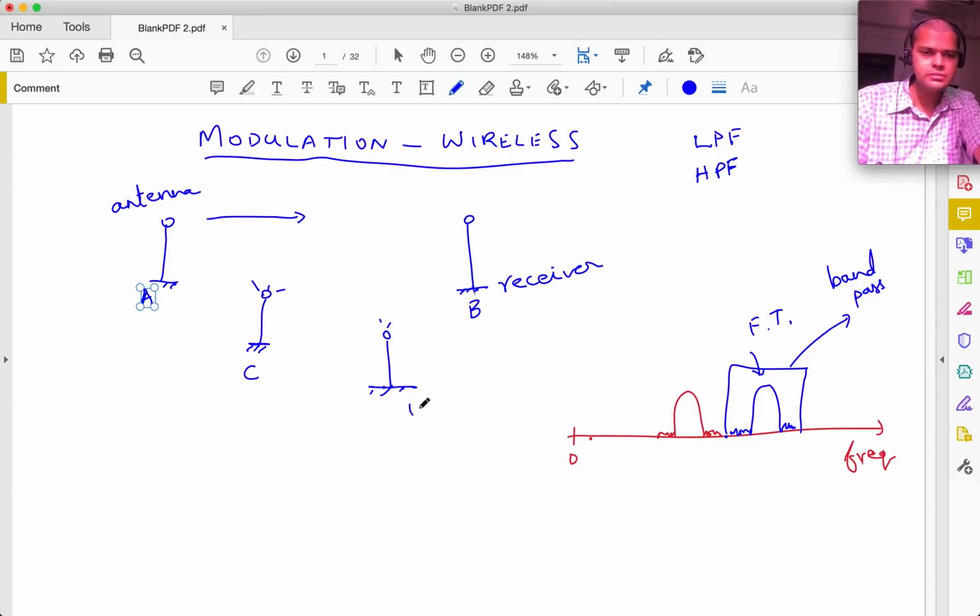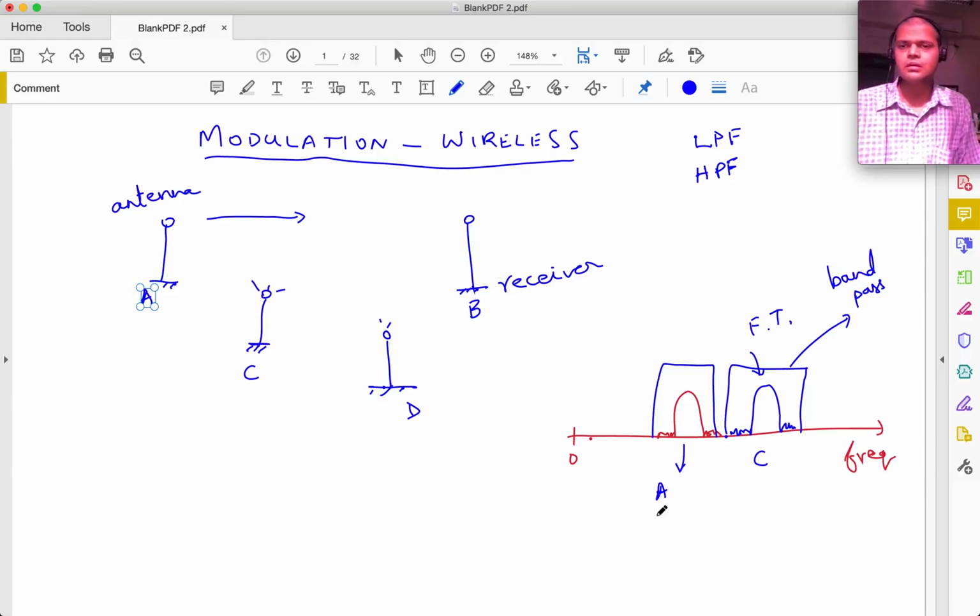If A is using this band to transmit and C is using this band, then B has to have a filter which only takes out this signal and removes that, and D has to use a filter over here. So the question is, how do you do this? How do you ensure that a particular signal is within a band? That's something we have to think about.